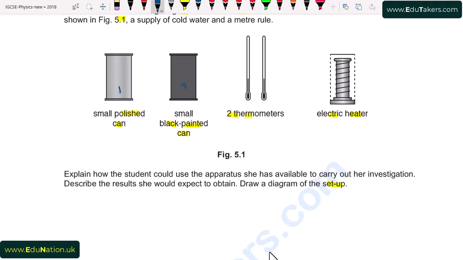First of all, we place the thermometers in both of these cans one by one, and then the electric heater in between both of these cans at equal distance from them. And then we have to turn on the electric heater and note the temperature change. And we will see that the temperature change will be larger for the black can as compared to the polished can.